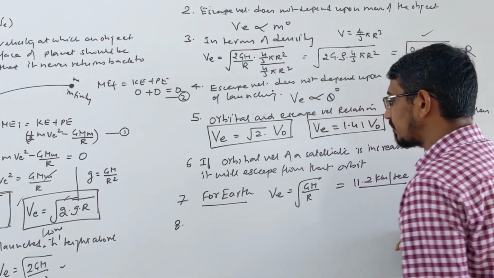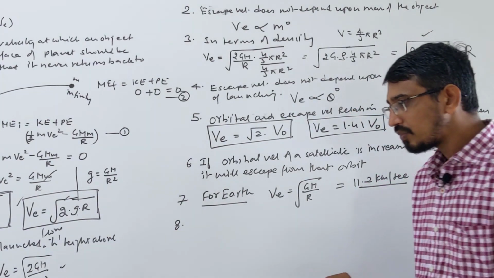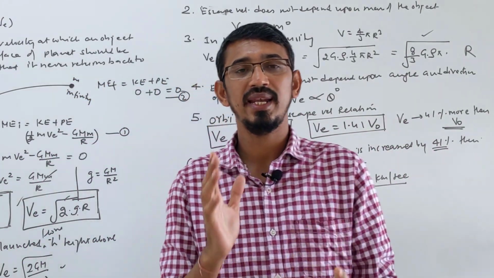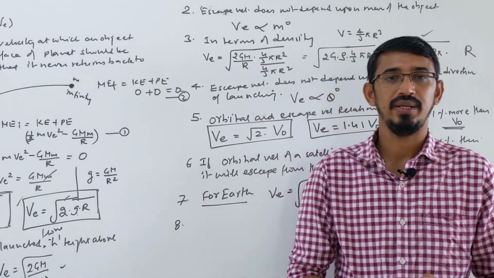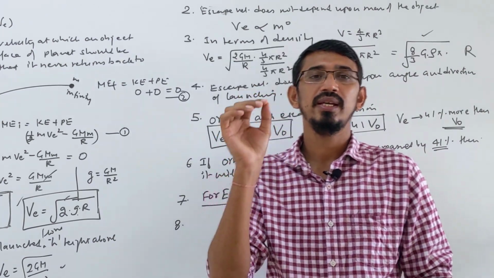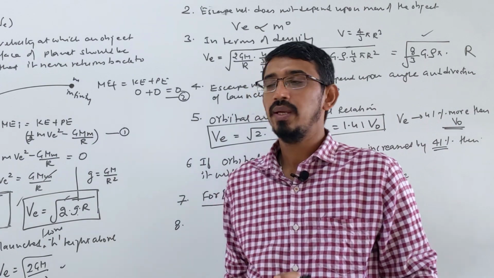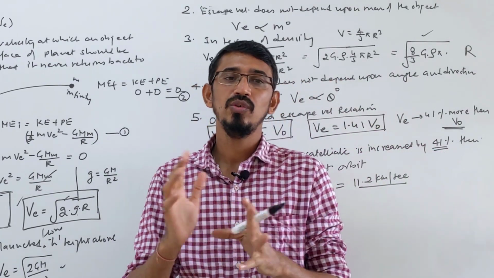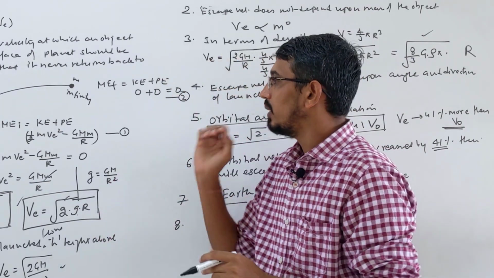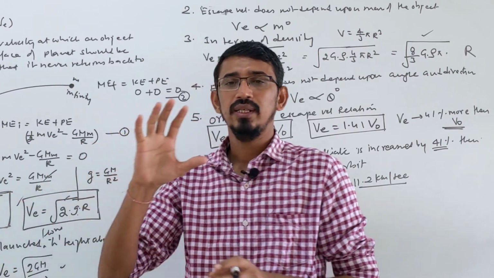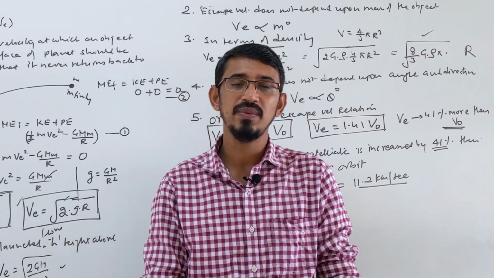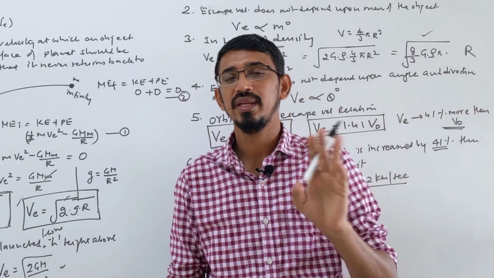Now look here: whether a planet has an atmosphere or not depends directly on the escape velocity of that planet. Whether a planet has atmosphere, meaning gases, depends directly on the escape velocity of the planet. Gases generally move with the RMS velocity of the gas. So if the RMS velocity of gas molecules is more than the escape velocity, then all the gases will escape from that planet, and it will not have any atmosphere.